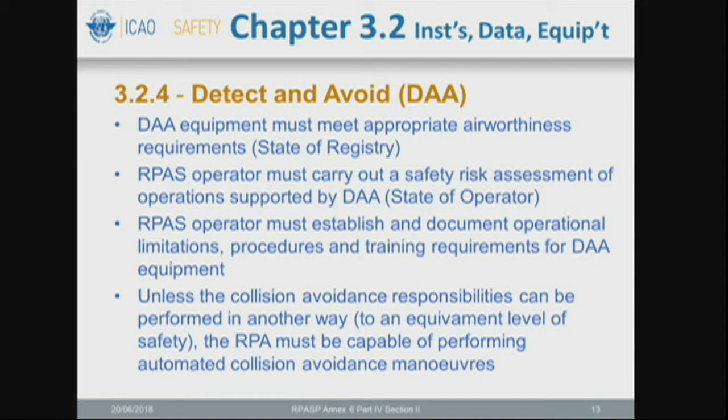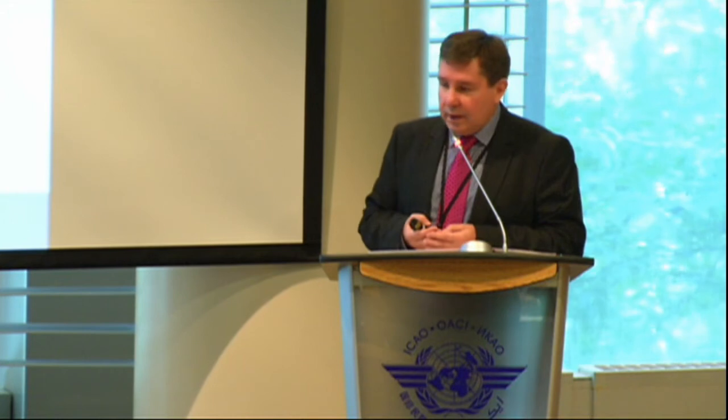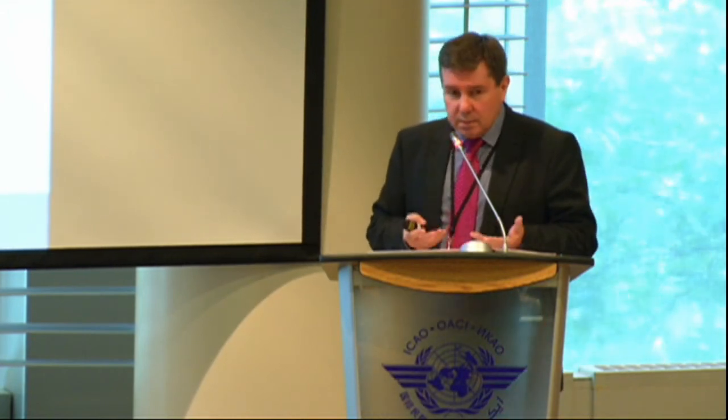And of course, the operator also must establish and document any operational instructions, procedures, and training requirements for the DAA equipment. Again, it shouldn't be completely surprising that it's just a different set of equipment, but for any equipment that is installed on an aircraft, the operator has to make sure that people involved with using it can use it properly.